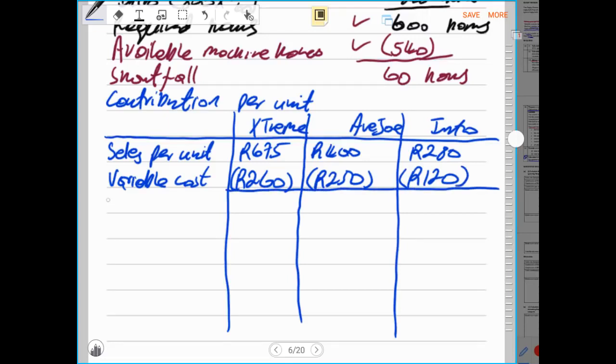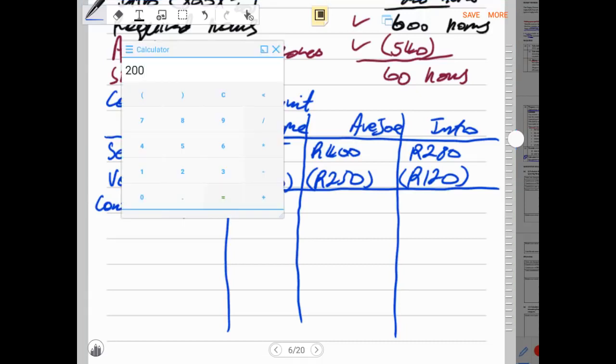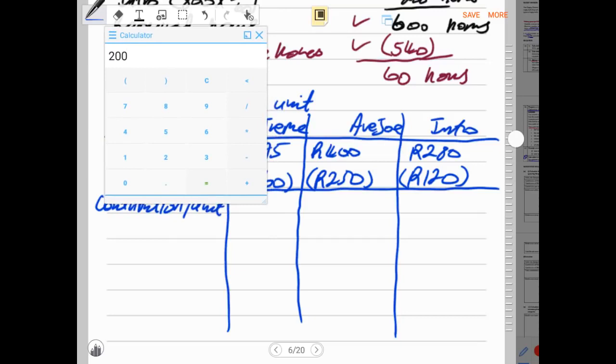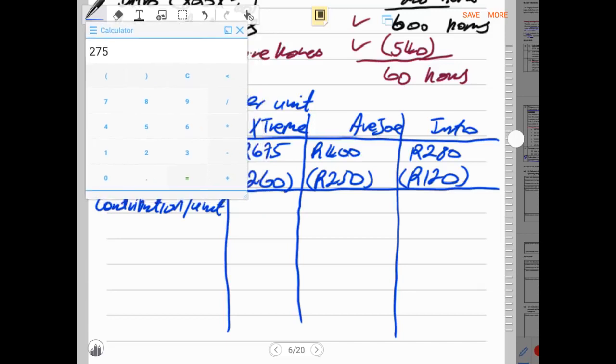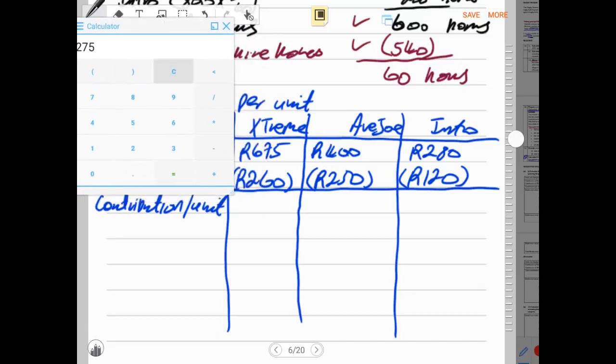Now we get to our contribution per unit. It will be 675 minus 400. I think it's 400, or it's minus 260.